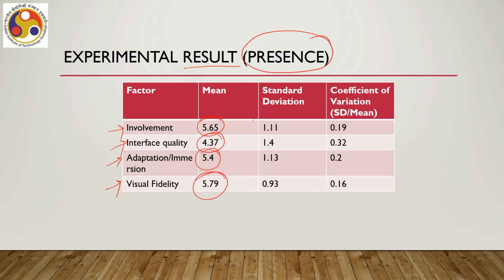The standard deviation for involvement is 1.11 and coefficient of variation 0.19; interface quality SD is 1.4, coefficient of variation 0.32; adaptation standard deviation 1.13, coefficient of variation 0.2; visual fidelity standard deviation 0.93, coefficient of variation 0.16. So, what do these numbers indicate?